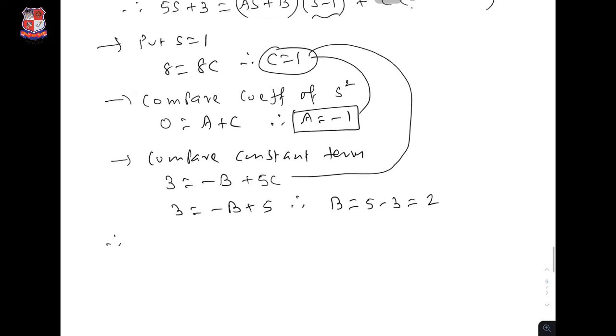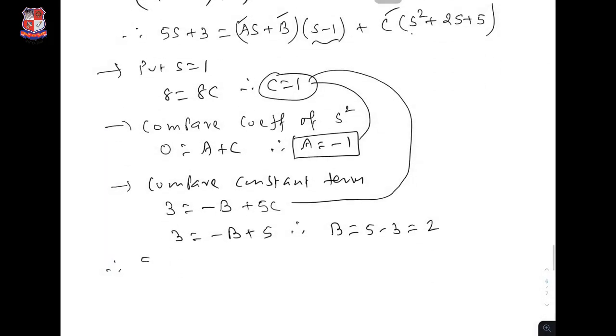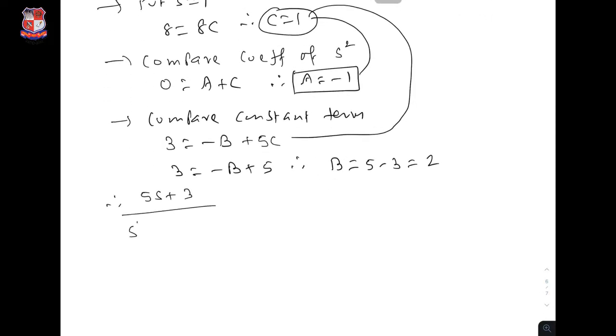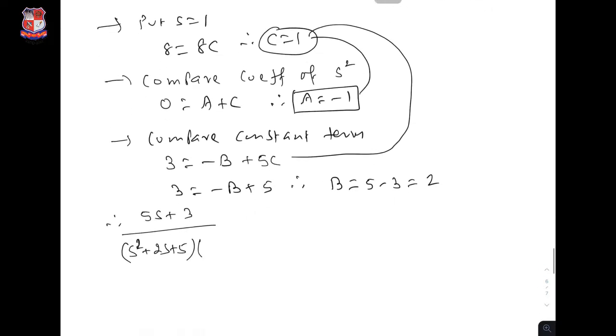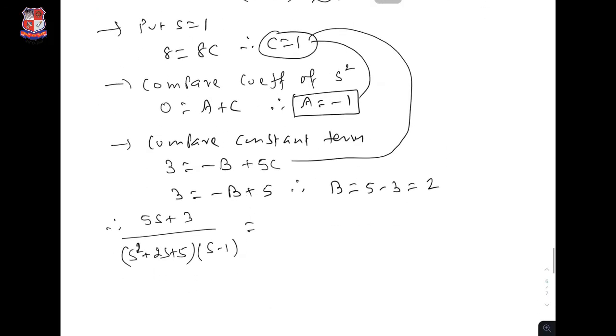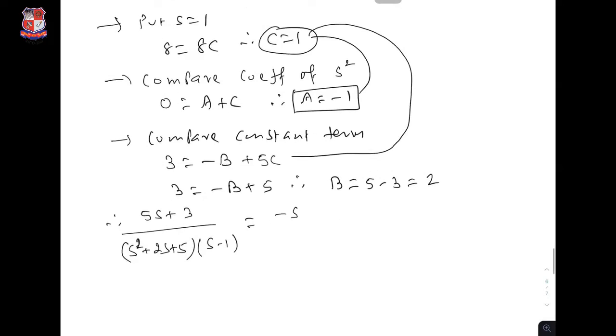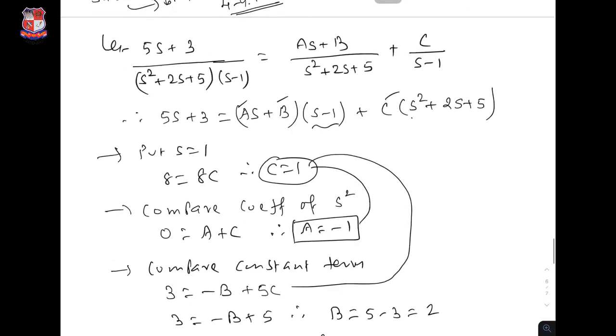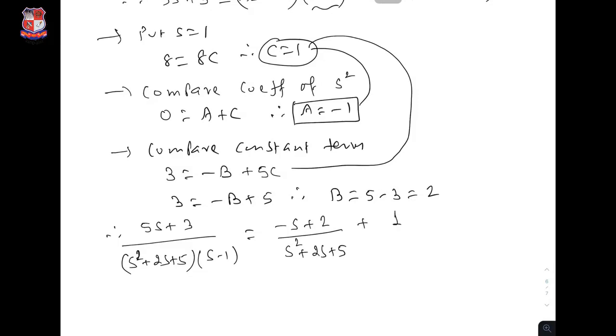So we got (5s plus 3) over (s squared plus 2s plus 5)(s minus 1) equal to, now as plus b, a is minus 1, so minus s plus b, b is 2, over s squared plus 2s plus 5, plus c over s minus 1, c equal to 1 over s minus 1.